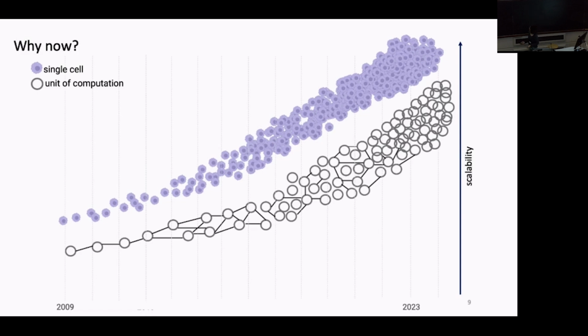But why now, and where are we in this field? So these single-cell technologies were developed in 2009, and since then there has been a tremendous advancement in the technologies. For example, initially it was just sequencing transcriptomics, but now we have DNA, proteomics, and other modalities as well.